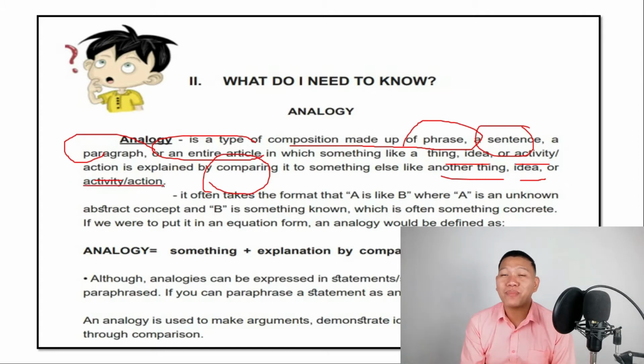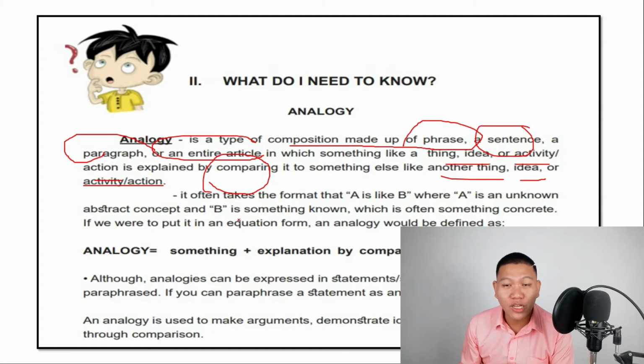So basically, an analogy consists of comparison. It could be a comparison of a word to a word, a word to a phrase, a word to a clause, a phrase to a word, a phrase to a phrase, a phrase to a clause, and so on. It often takes the format that A is like B, where A is an unknown abstract concept, and B is something known, which is often something concrete.